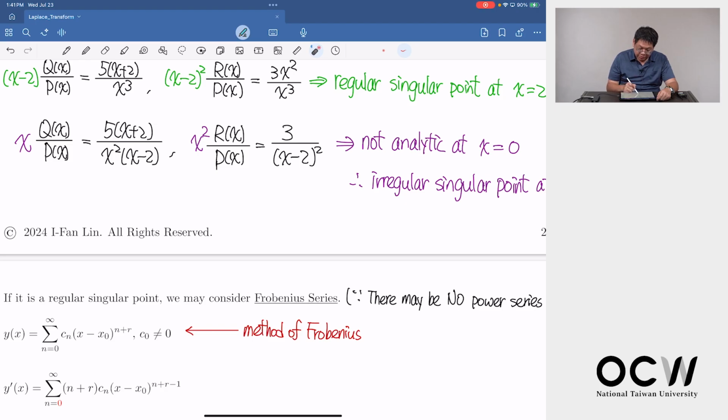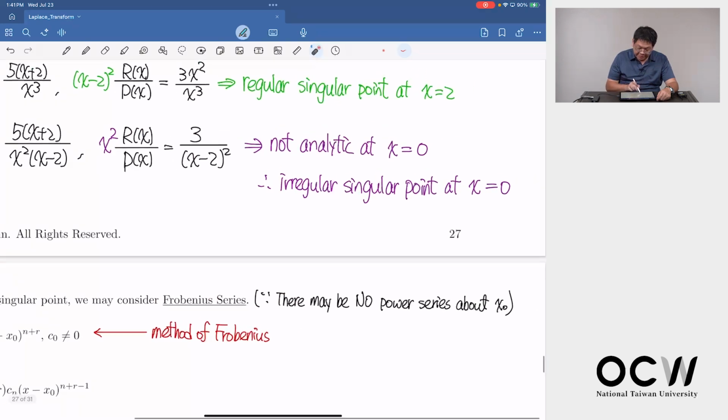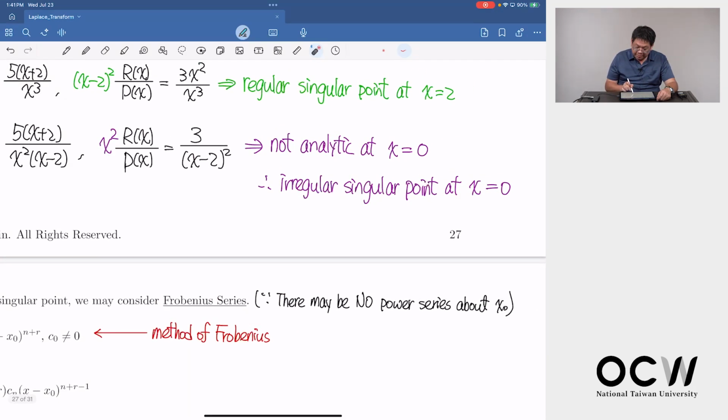But in this case, we need to use the Frobenius series rather than the power series. That means there may be no power series at x naught for our regular singular point, so we consider another series called the Frobenius series.